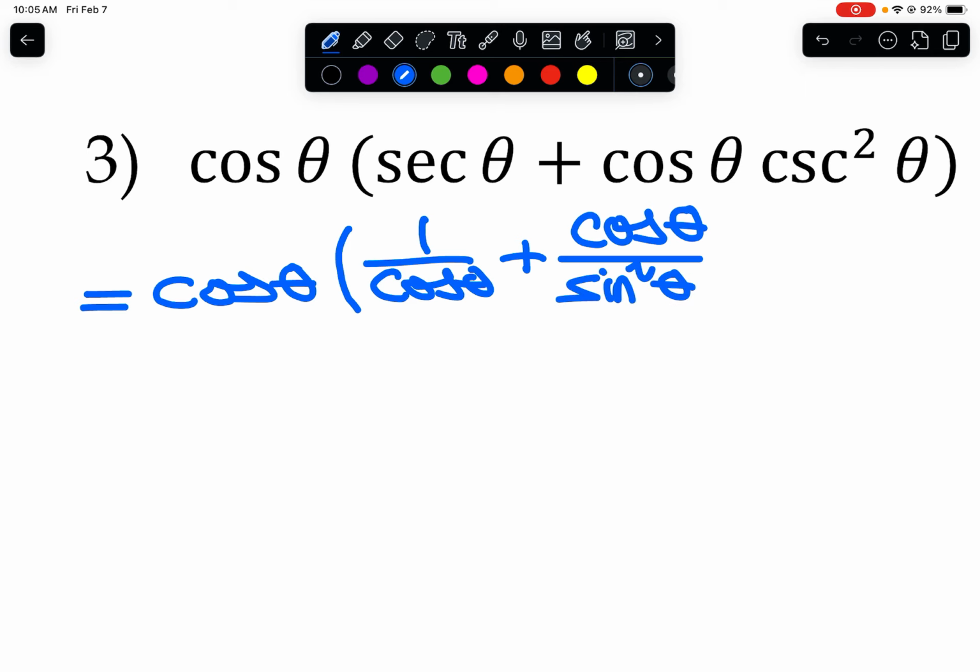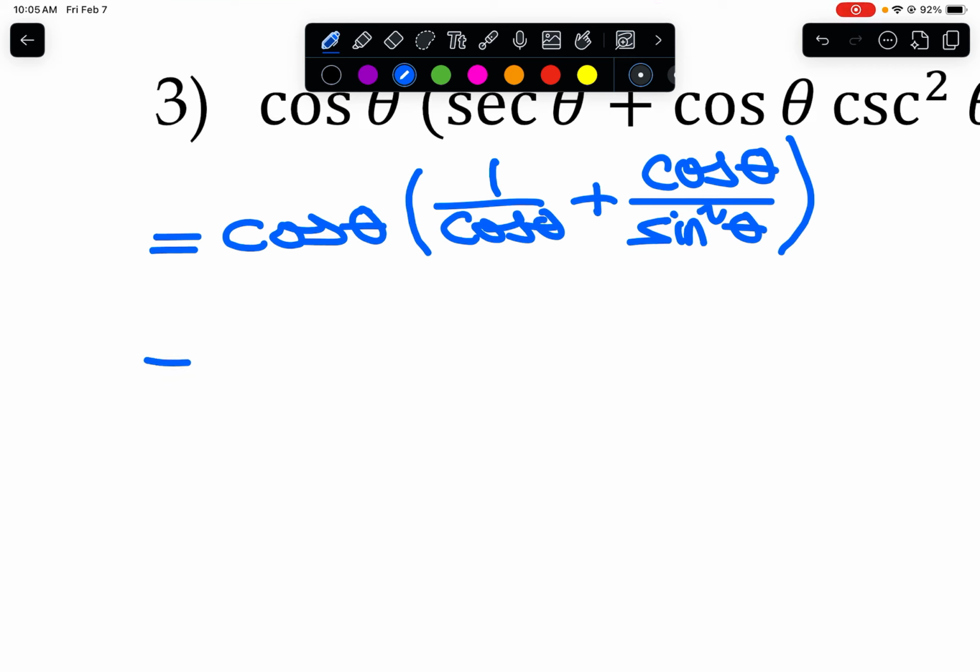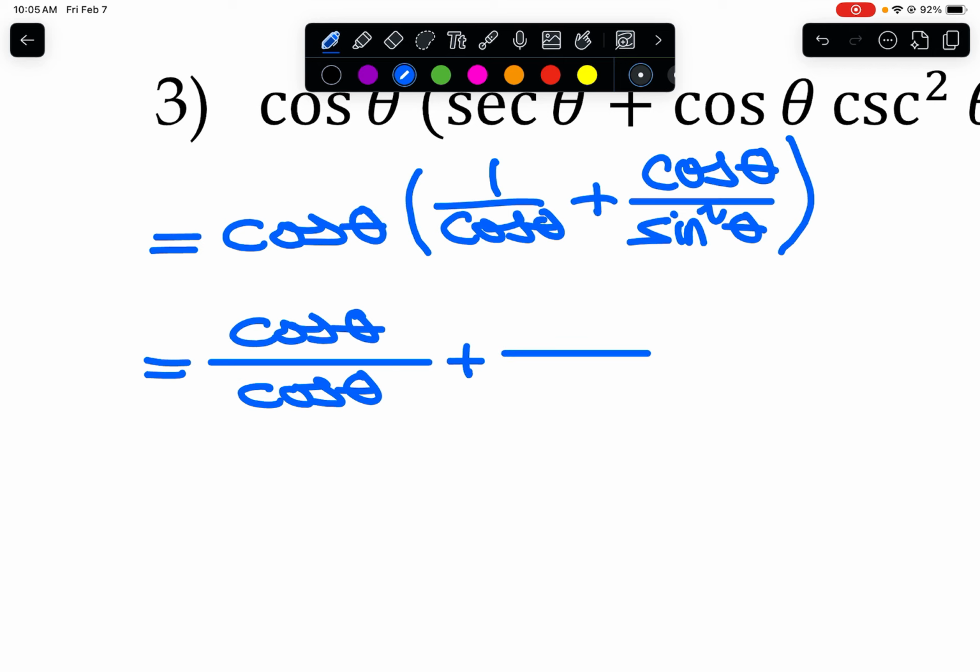So I'm going to put sine squared in the bottom. Now I'm going to distribute that cosine theta. So when I do that, that's going to leave us with cosine theta over cosine theta, and then plus cosine squared theta over sine squared theta.